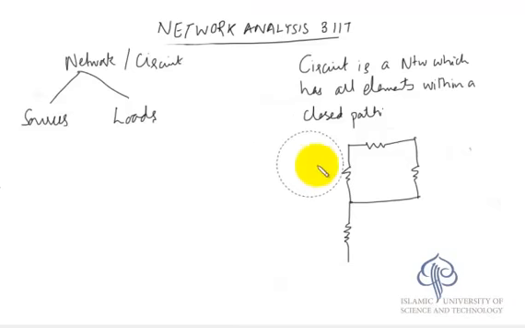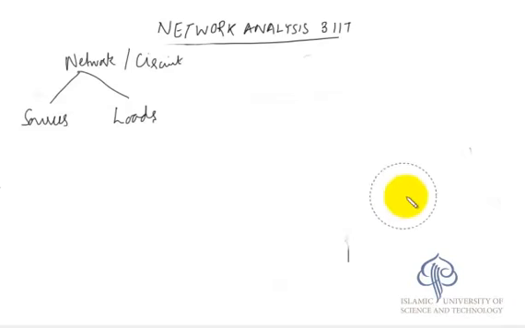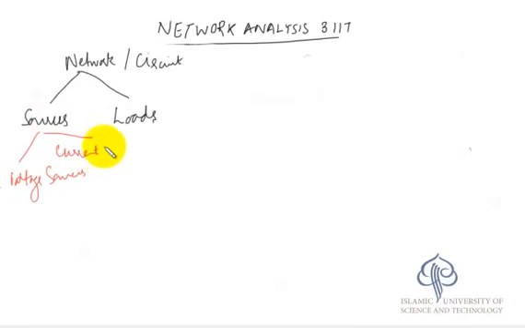So I was talking about what are the various elements in a network or a circuit. Normally you'll have sources and you'll have loads, and in sources we'll have voltage sources, and we may have current sources. This is what you have already seen before, and then there are further differences.